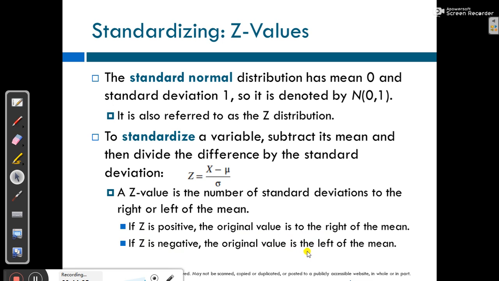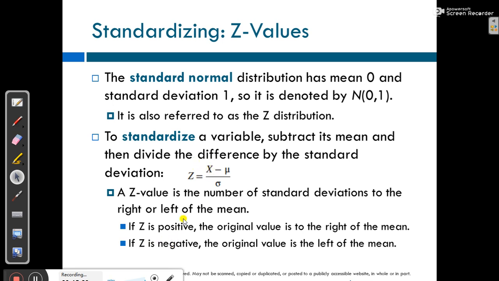So if we apply z standardizing, and z becomes positive, then we can say the value is to the right of the mean, because x is higher than the mean.